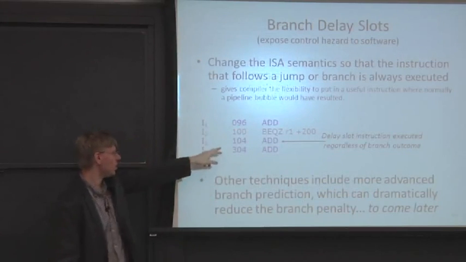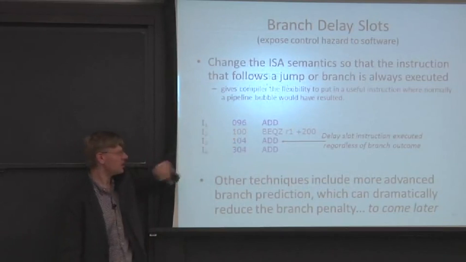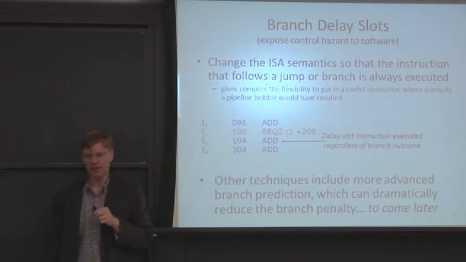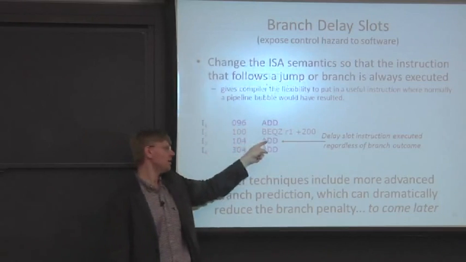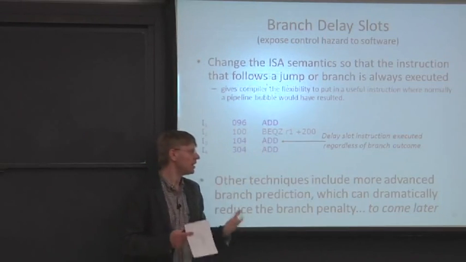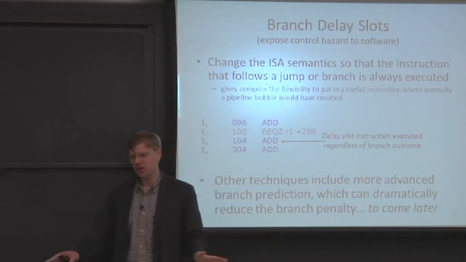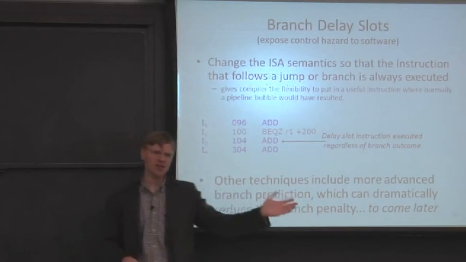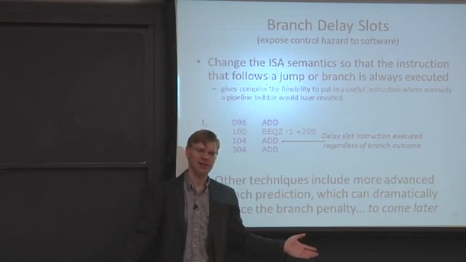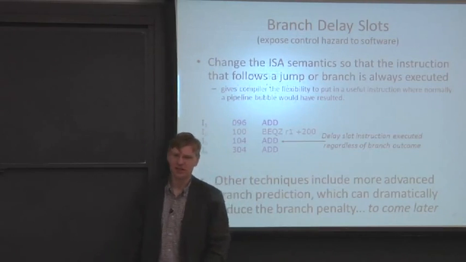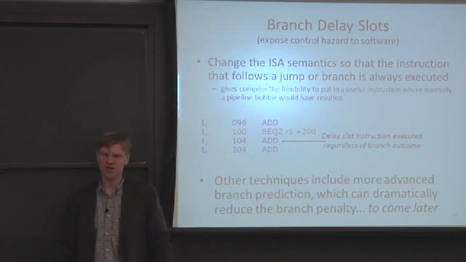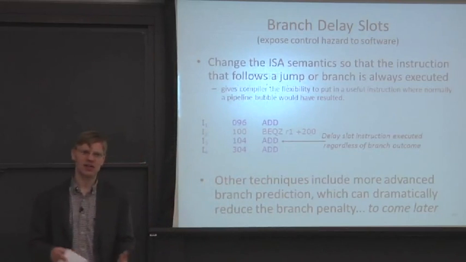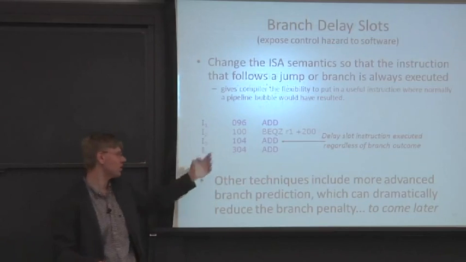So what we can do is we can say, OK, the branch is at address 100. And this add here at address 104 in the delay slot executes irrespective of whether the branch gets taken or falls through. So then we don't actually have to kill the next instruction after the branch. We don't have to have all this fancy extra hardware there. We just have this always execute.